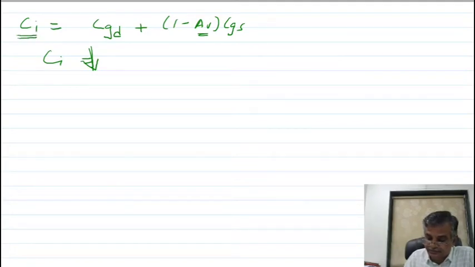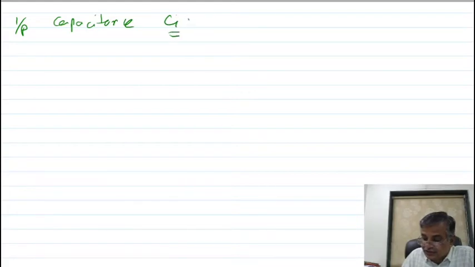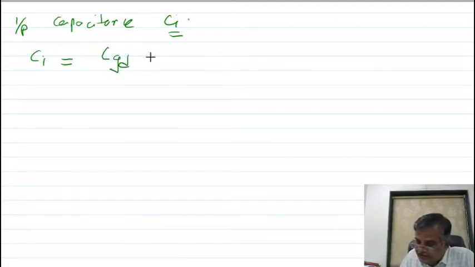Remember, the input capacitance Ci for a source follower, or common drain, is given by CGD plus 1 minus Av into CGS.